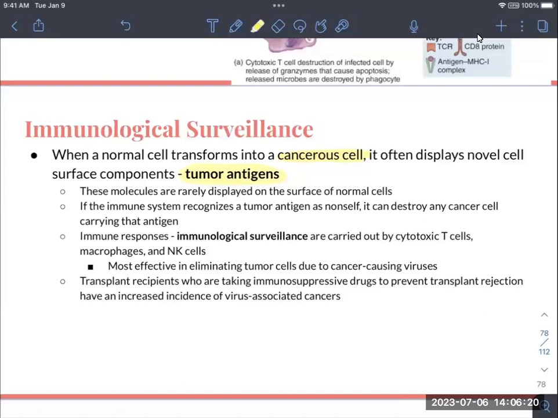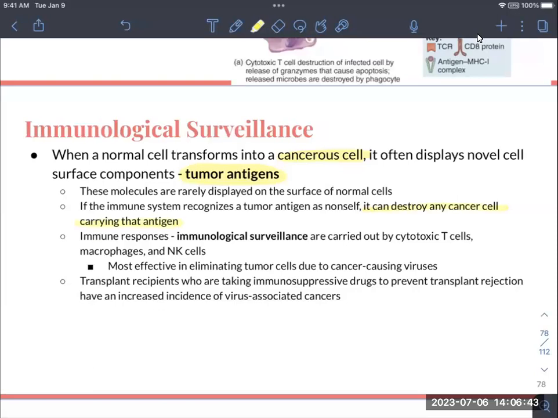We really only see them on these different cancerous cells. So if our immune system is surveying, going around, checking what is happening, they may recognize this tumor antigen as non-self. And it can destroy any cancer cell that has this antigen on it.